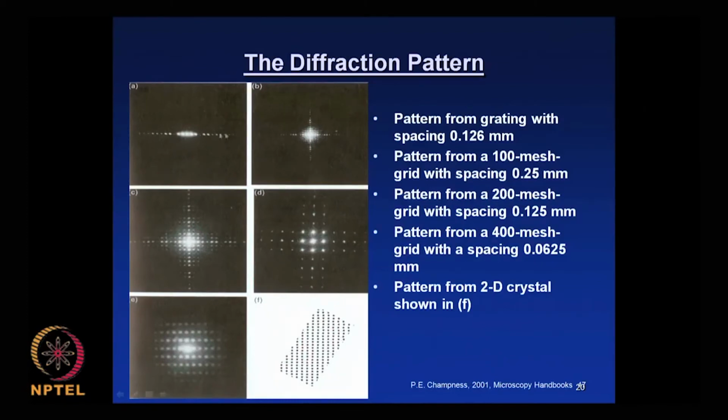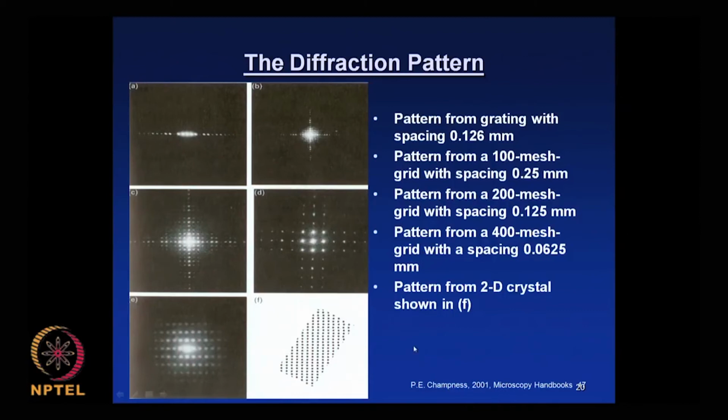Look at this pattern carefully: A, B, C, D, E and F. These are all patterns from a grating with a spacing of 0.126 millimeter, that is A, the pattern from a 100 mesh grid with a spacing of 0.25 mm, B, the pattern from a 200 mesh grid with a spacing of 0.125 mm, that is C, and the pattern from a 400 mesh grid with a spacing of 0.0625 mm, that is pattern D.